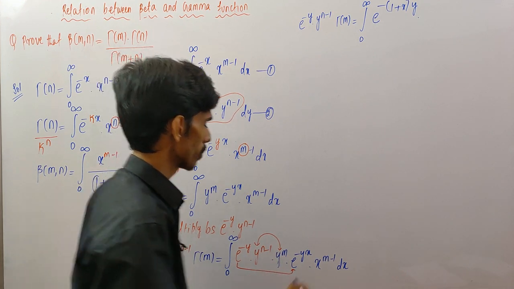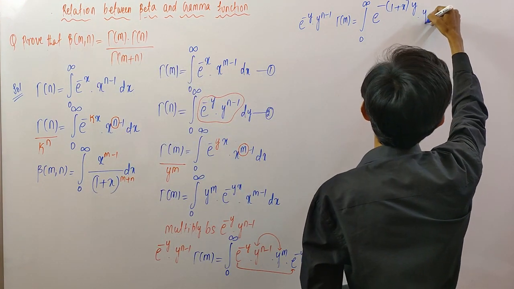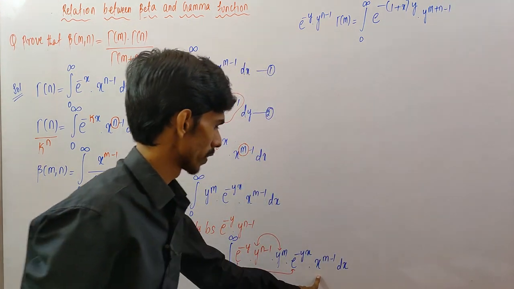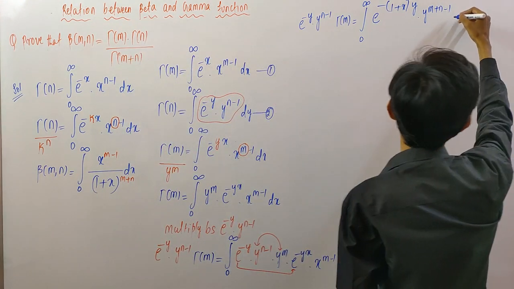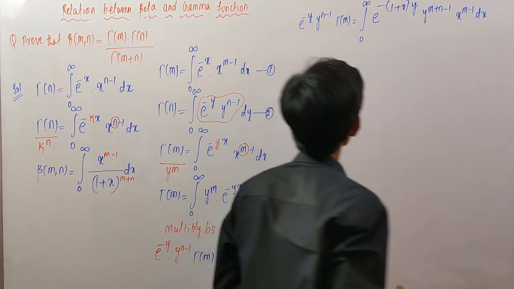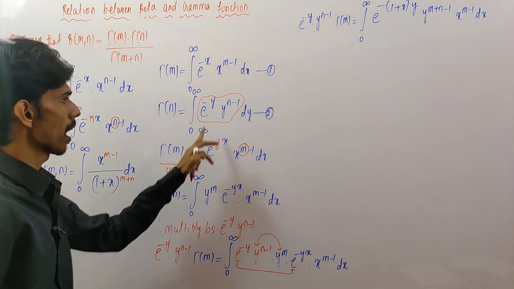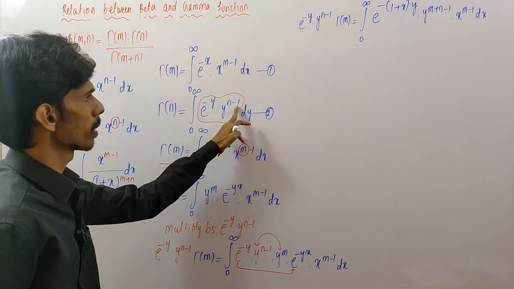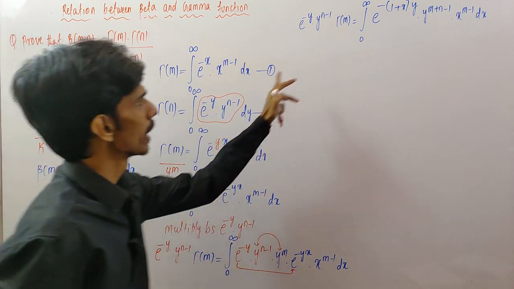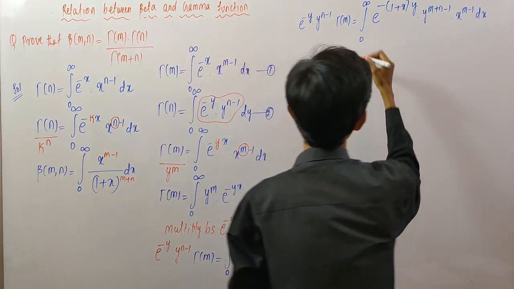Bases are same, then power should be added. We have y power of m plus n minus 1. Now the last term is x power of m minus 1 dx. Here I have e power of minus y, y power of n minus 1. Now we have integration here, that's why integrate this.